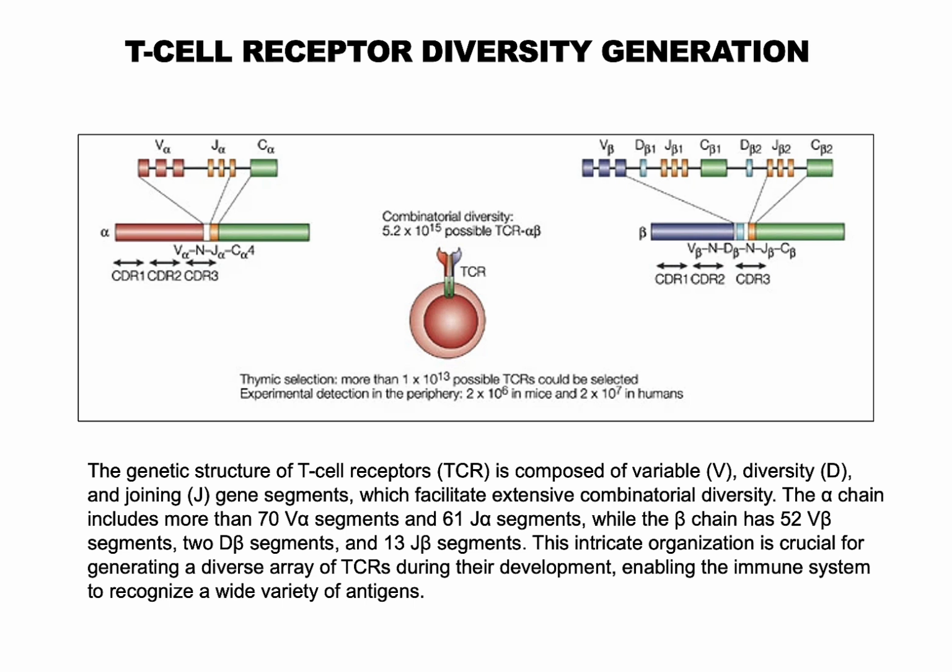As T cells mature in the thymus, genetic rearrangement brings together specific segments to construct the variable regions of the TCR. For the alpha chain, one V alpha segment is paired with one J alpha, while the beta chain is formed by combining a V beta segment with a D beta and a J beta segment. The extensive combinations made possible through these rearrangements yield the necessary genetic diversity to produce millions of TCRs, each specifically tailored to recognize distinct epitopes.